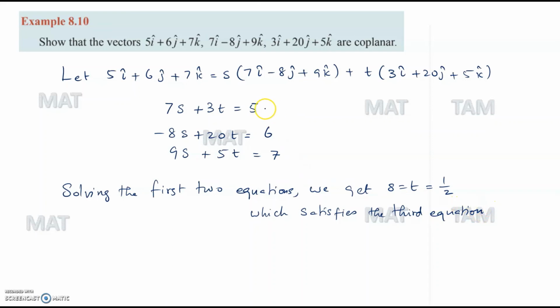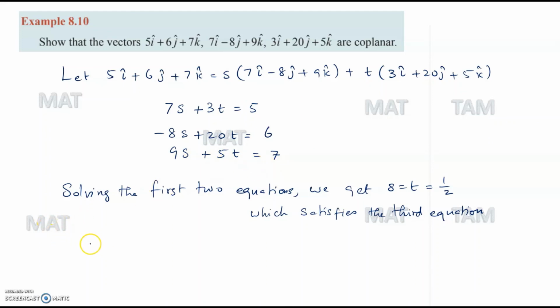So if you solve the first two equations and then put the half which we get for s and t in the third equation, it will be 9 by 2 plus 5 by 2. That will be 9 plus 5 is 14. 14 by 2 will be equal to 7. So it satisfies the third equation also.